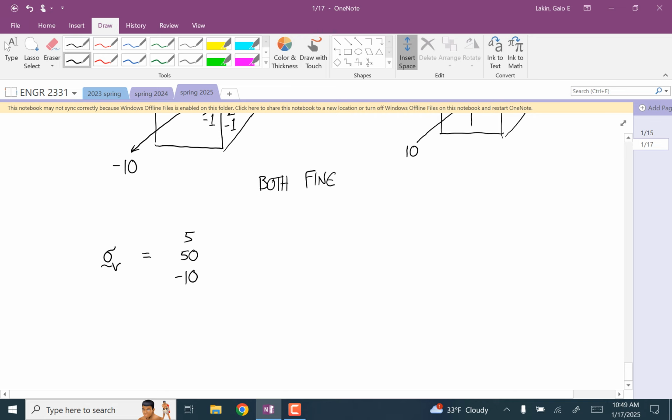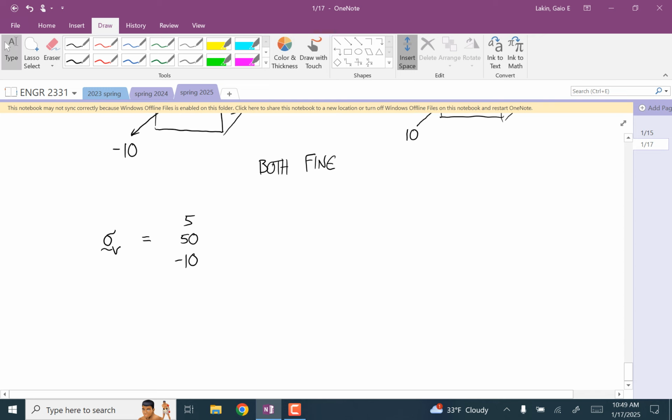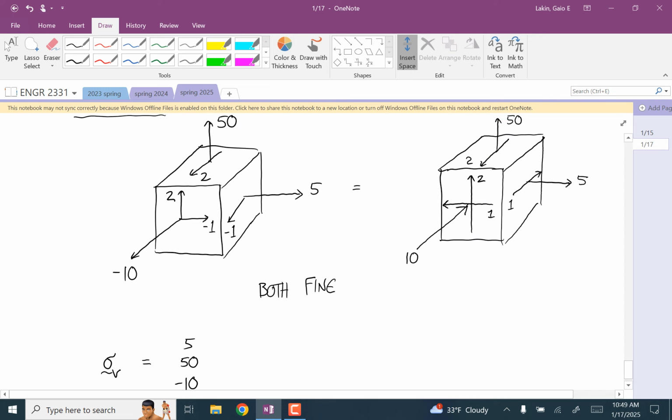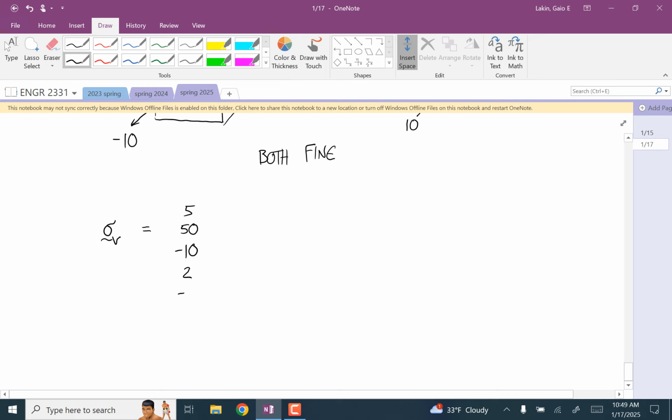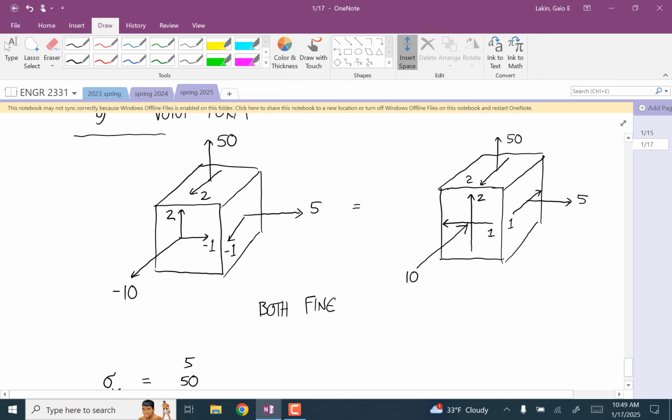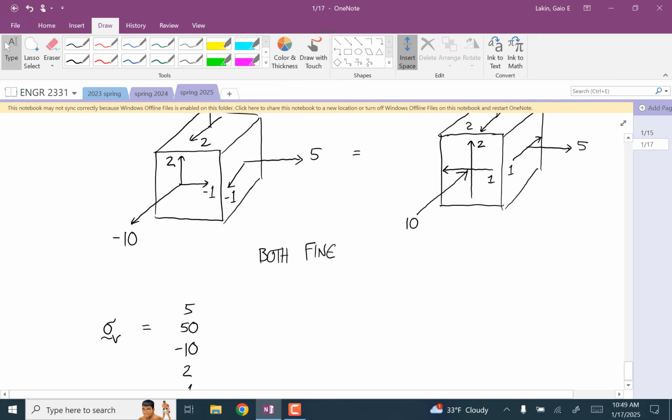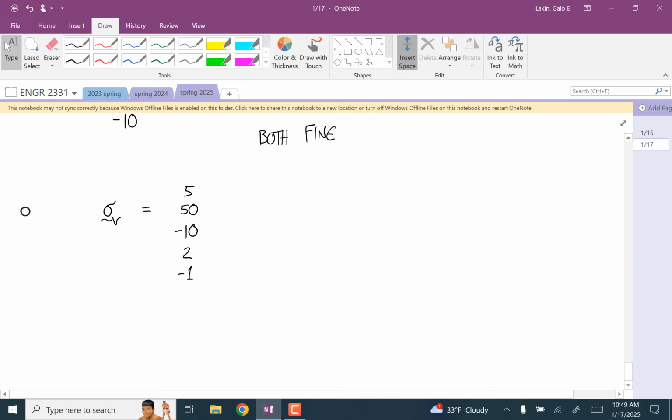And now think of a sensible way to do it and do it backwards. YZ is 2. XZ is -1. And XY is 0. And I'll give this in megapascals.